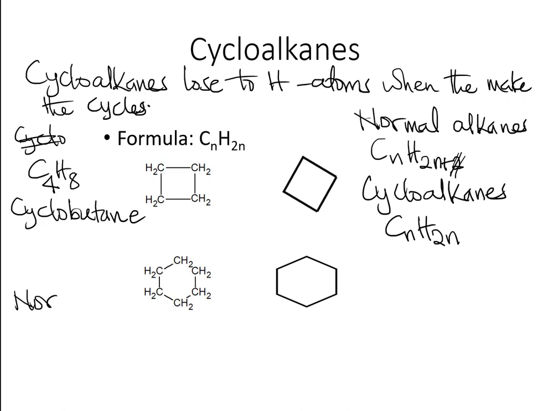But normal butane, which is not a cyclo, is C4H10. So this tells you that the cycloalkane loses 2 hydrogen atoms.